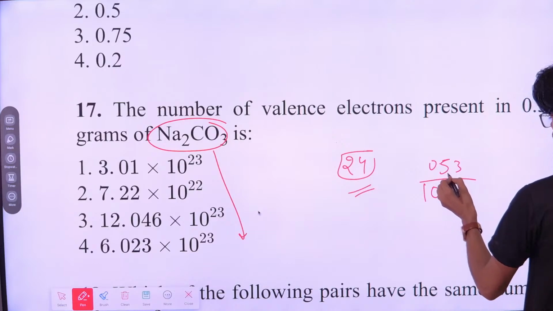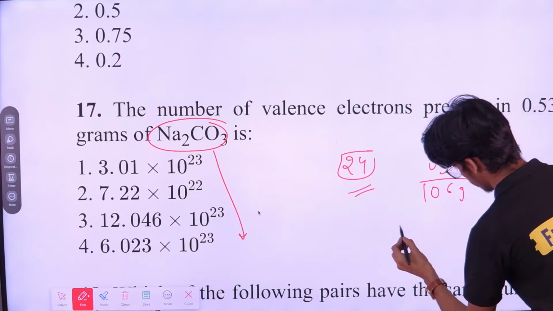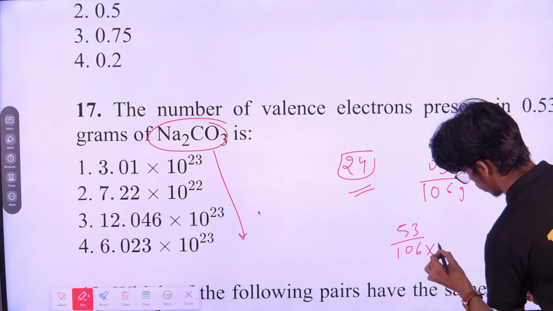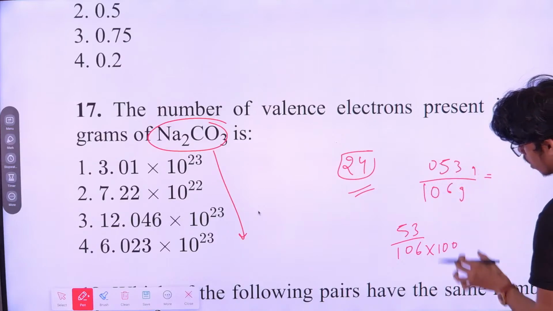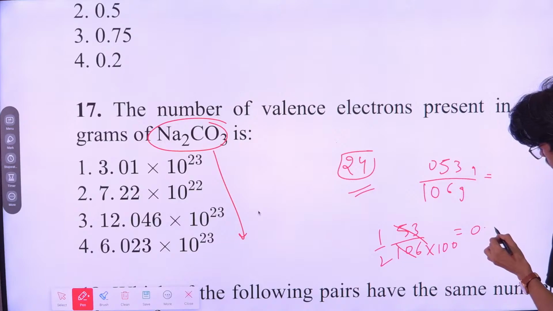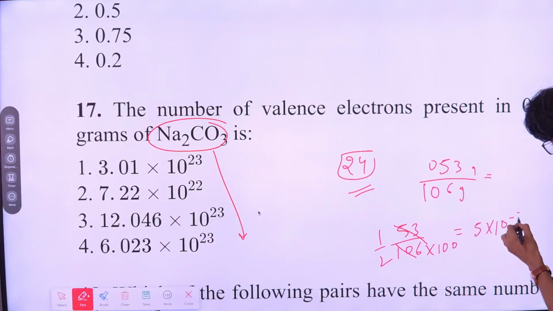0.53 gram divided by 106 gram is the number of moles. If I write it as 53 divided by 106 into 100, I took the decimal out, I got 1 by 2, that is 0.5 divided by 100, that is 5 into 10 to the power minus 3.